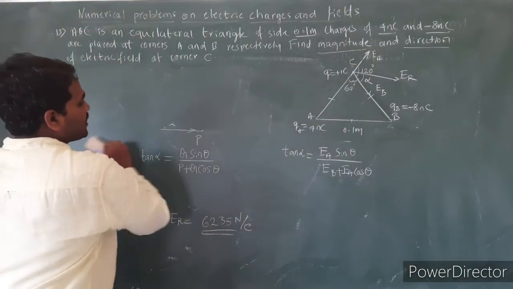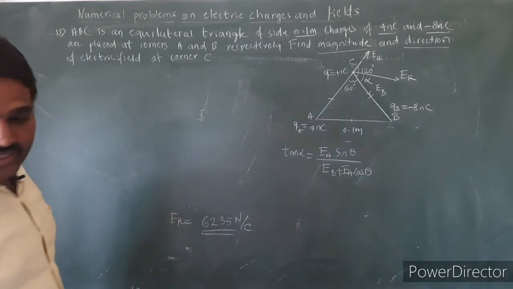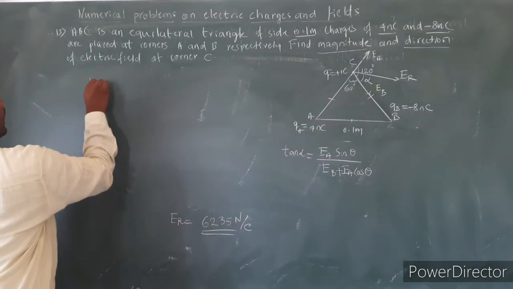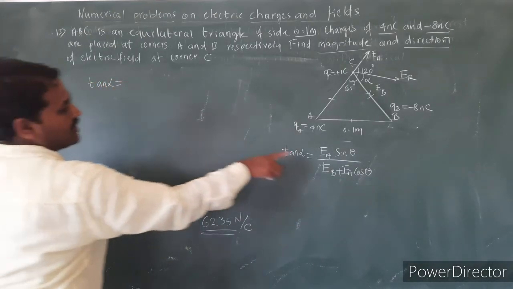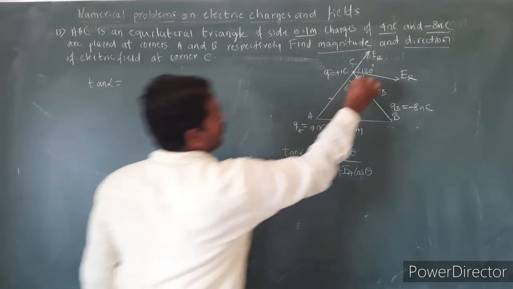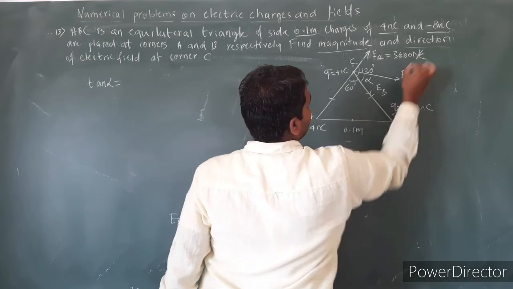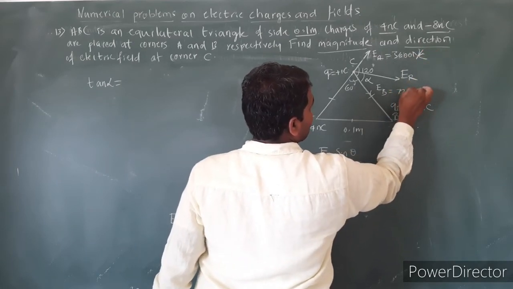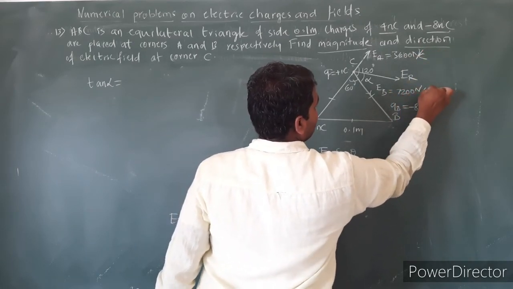So let me substitute the values here. What will I get? Tan alpha is equal to what? EA we have got as 3600 Newton per coulomb, and EB we had got as 7200 Newton per coulomb.